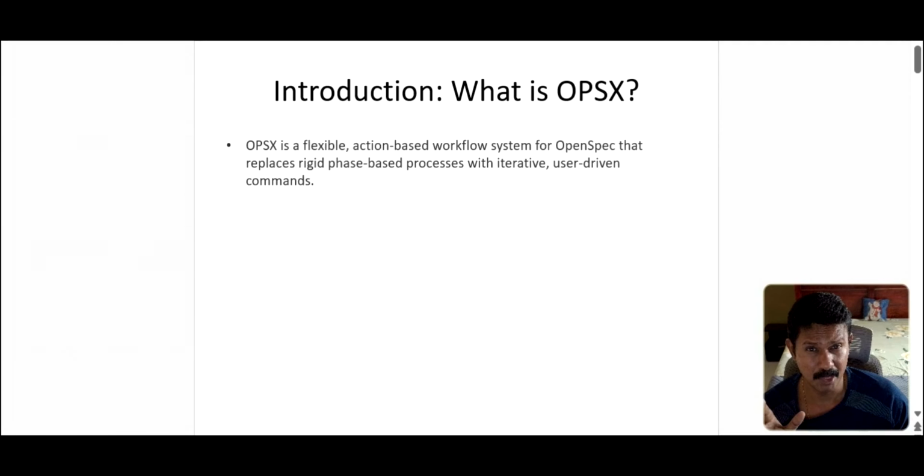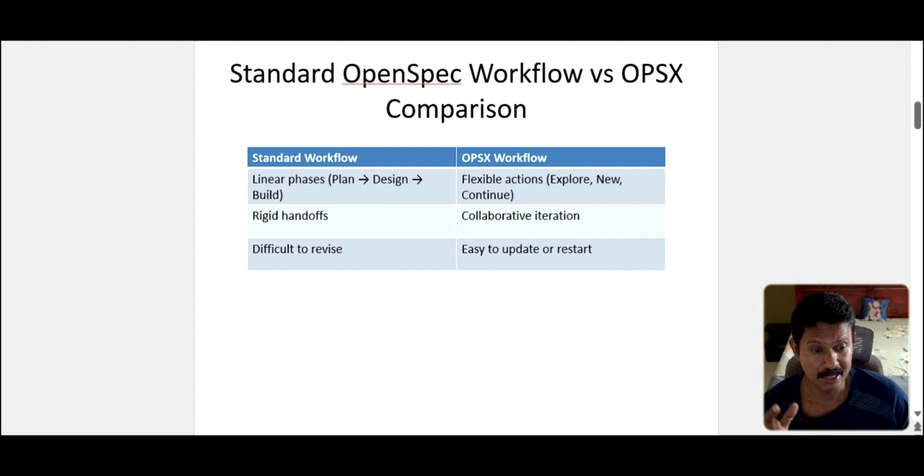Now, before we get into the real action, let us quickly skim through what exactly will be covered in this session. So we already have been through the introduction on what exactly OPSX is all about. It essentially is the latest iteration of OpenSpec and why it exists. We also had a quick look at the comparison between the old OpenSpec flow and the new OPSX workflow.